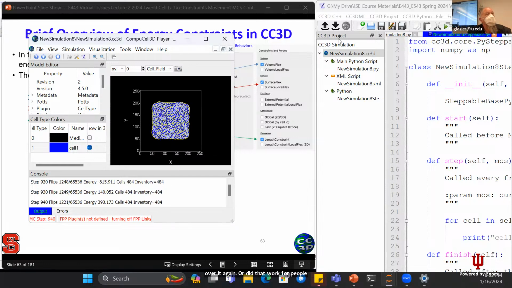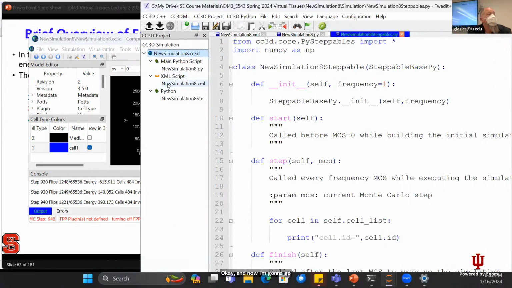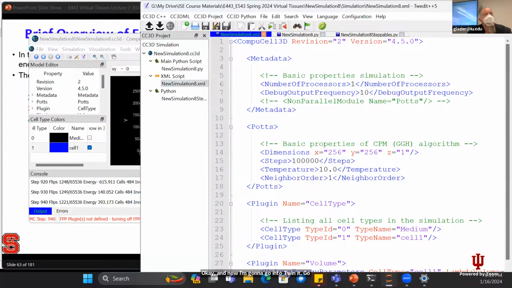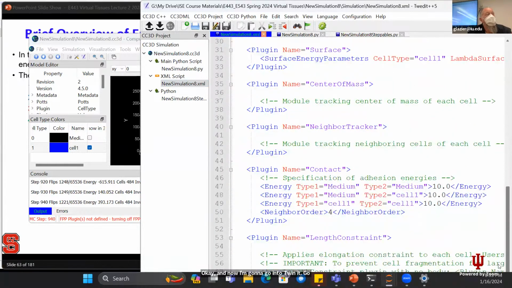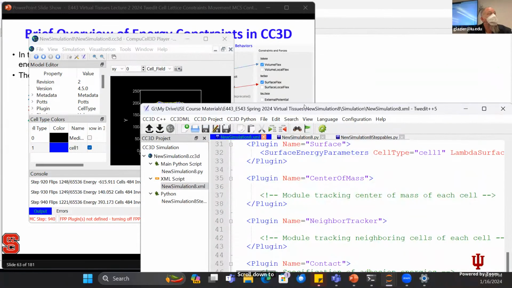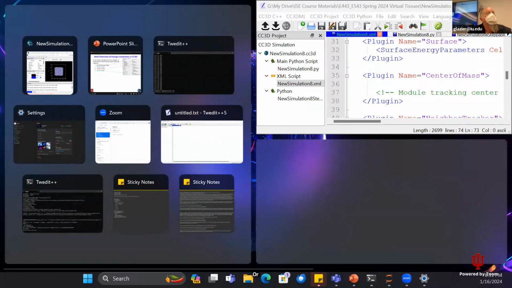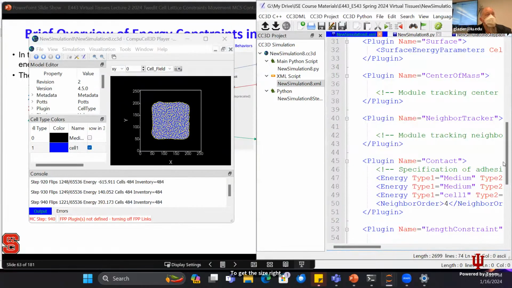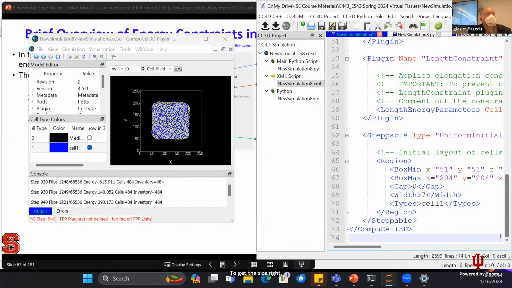Okay. And now I'm going to go into Twedit, go to my XML, scroll down to get the size right. Scroll down to box min.